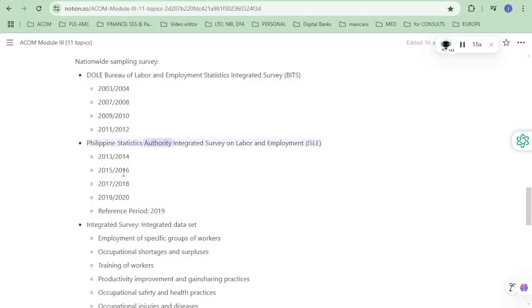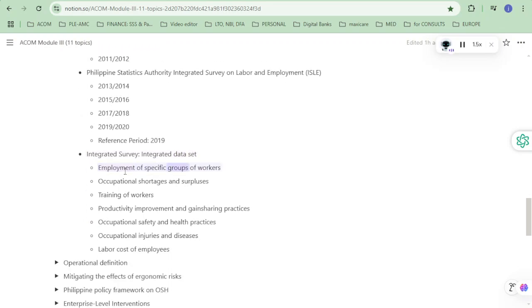Philippine Statistics Authority Integrated Survey on Labor and Employment, ISLE, 2013/2014, 2015/2016, 2017/2018, 2019/2020. Reference period, 2019. Integrated Survey, Integrated Data Set.